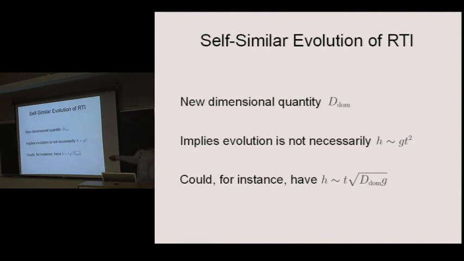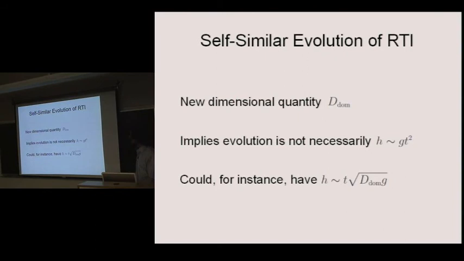So there's this new dimensional quantity that is important in your problem, which is the size of these initial dominant modes. And if you have another dimensionful number, then you can no longer use dimensional analysis to say that h goes as t squared. For instance, you could have h goes as t, as shown here.